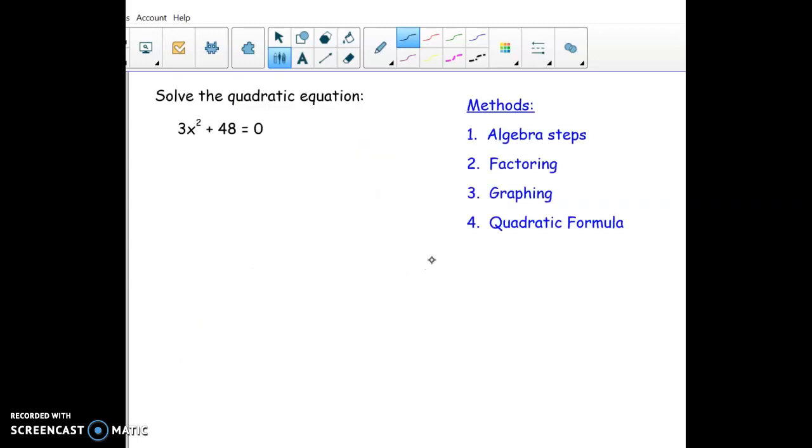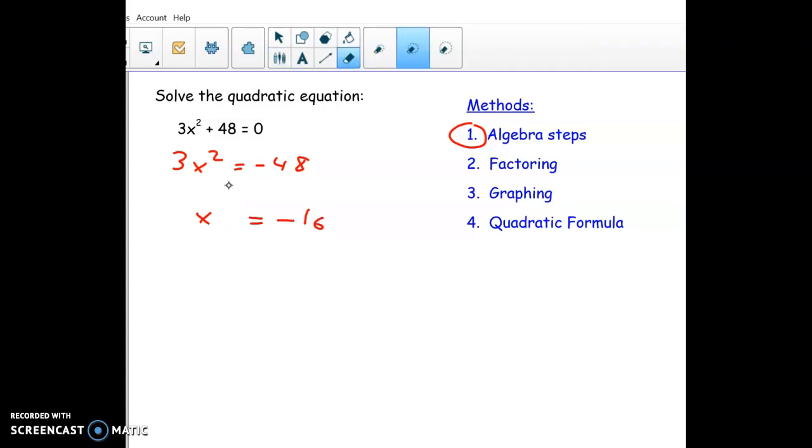Here's your first quadratic. Pick a method and give it a shot. For this one, I'm going to do algebra steps because there's only x squared. So I'm going to minus the 48 from both sides. Divide by 3 to cancel out the times 3. So we get x squared equals negative 16.